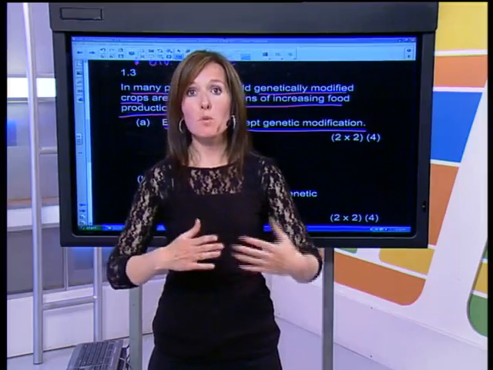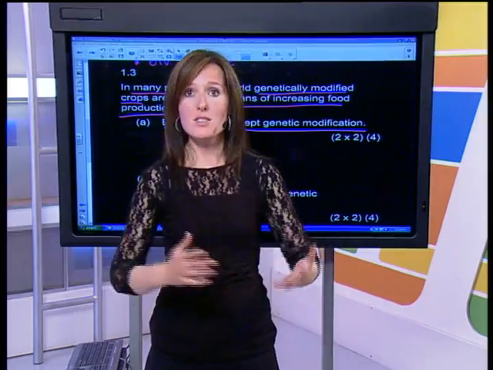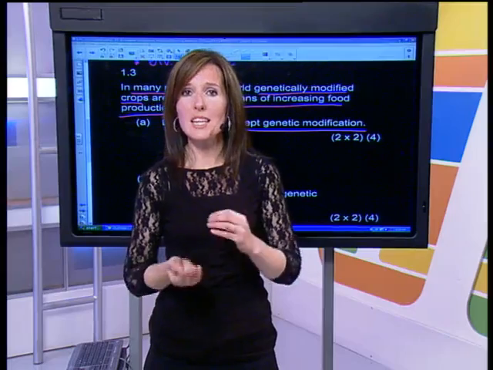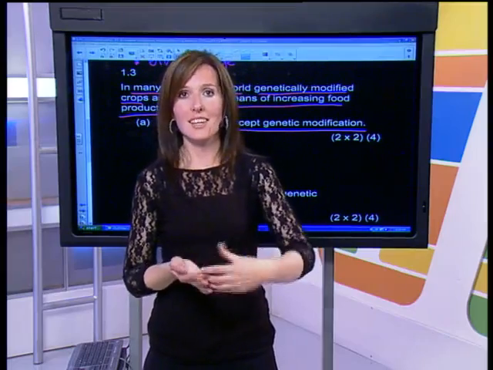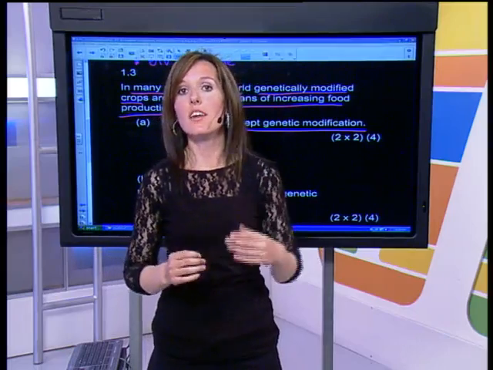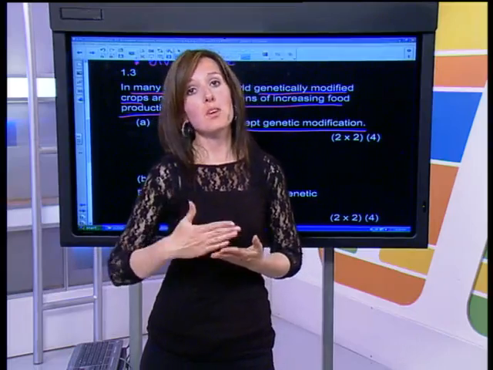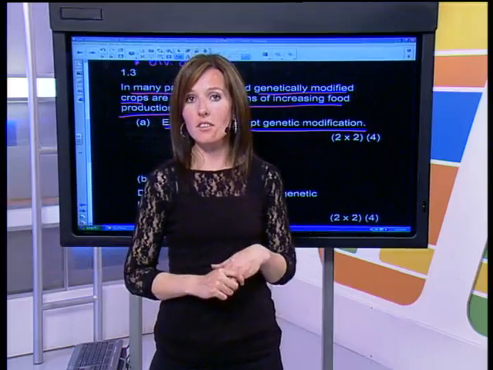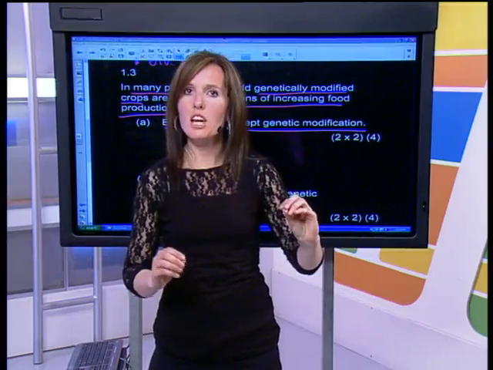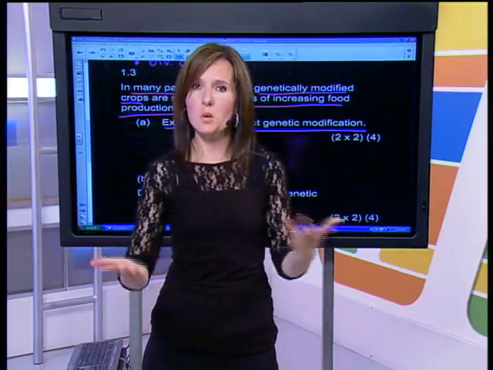Firstly, they want to make them more drought resistant because the rate of drought and desertification, especially in Africa, is huge. So they need to make varieties of crops that can handle those drier conditions. In addition to that, sometimes they modify the DNA structure so that it improves the nutritional value or that it produces a higher yield of a crop. So we need you to say what genetic modification is and say what it is for, because it's worth 4 marks.